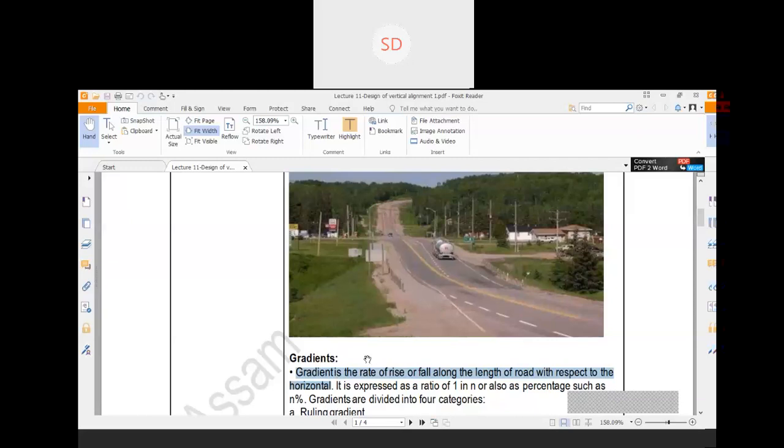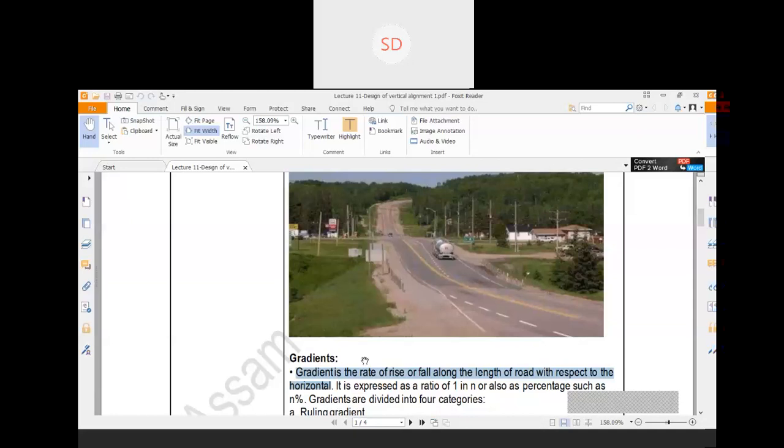Whenever you are trying to design any road, there are different types of gradient, and based on the gradient, you will choose whichever is applicable for you. Suppose for hilly areas, the specification for the ruling gradient is given as 1 in 100.